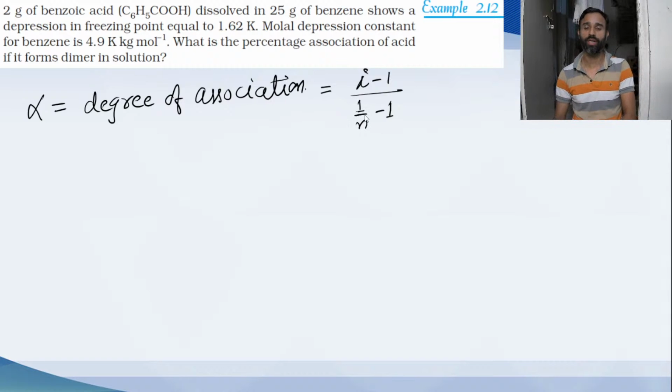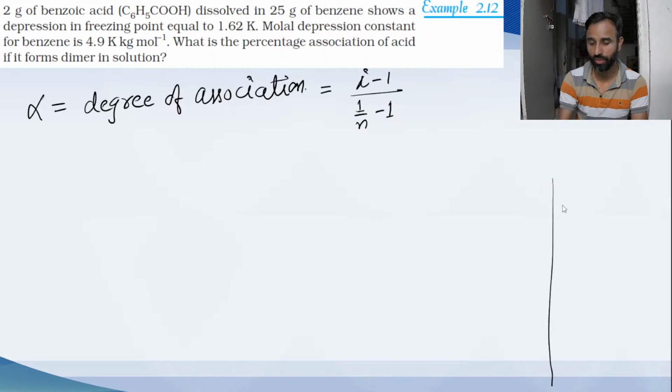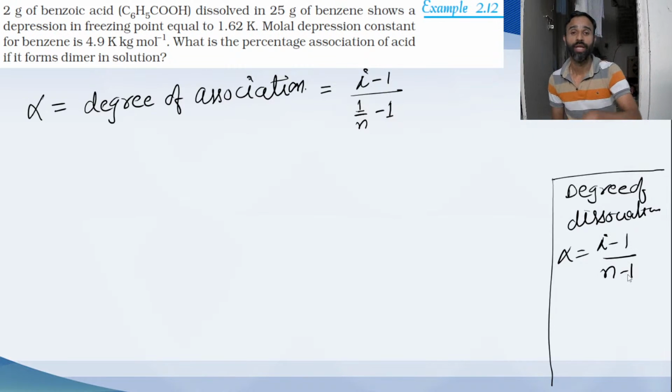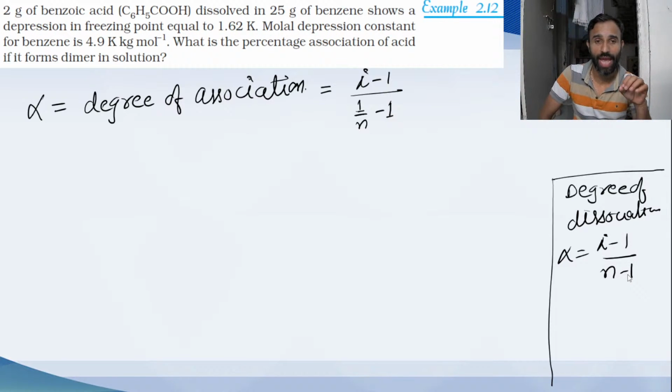This is for degree of association. And for degree of dissociation, the formula used is (i minus 1) upon (n minus 1). Now, n is given, as it forms dimer in solution.